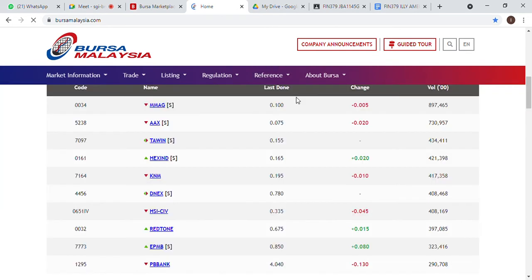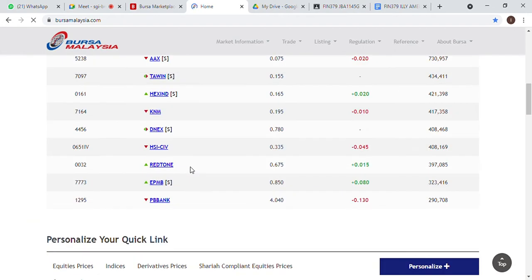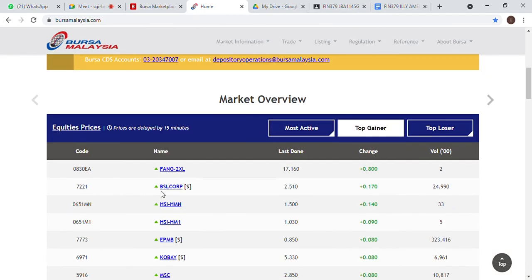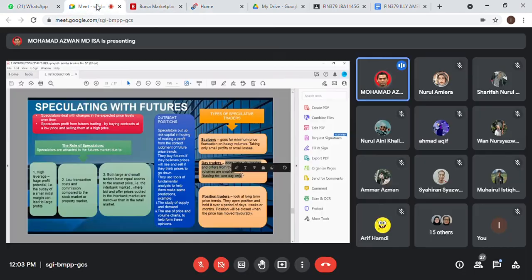And then the position trader is the long-term speculative trader. The scalper maybe trades for a few days or a few weeks. The day trader is within a day. The position trader maybe takes a few months. They trade for a longer period based on the price trend.